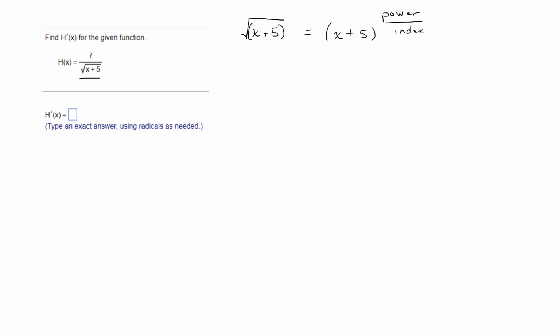So when I'm looking at the square root of x plus 5, the unseen exponent is a 1, and the unseen index, which is the number that would be right here, is a 2.